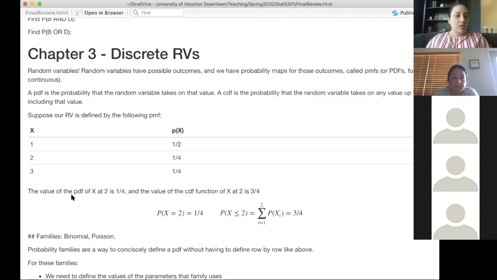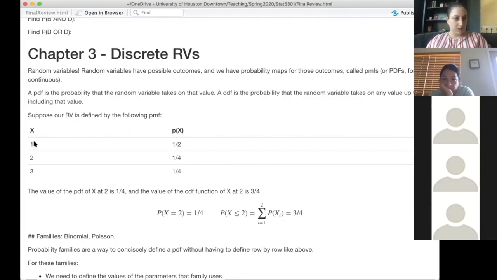So the value of our PDF of X at 2 is 1/4. The probability that X equals 2, that's our PDF, is 1/4. The value of the CDF at 2 is the probability that X is less than or equal to 2, which is the sum, in this case, because we're in discrete, so we have to sum up over i equals 1 and 2 of the probability of Xi.